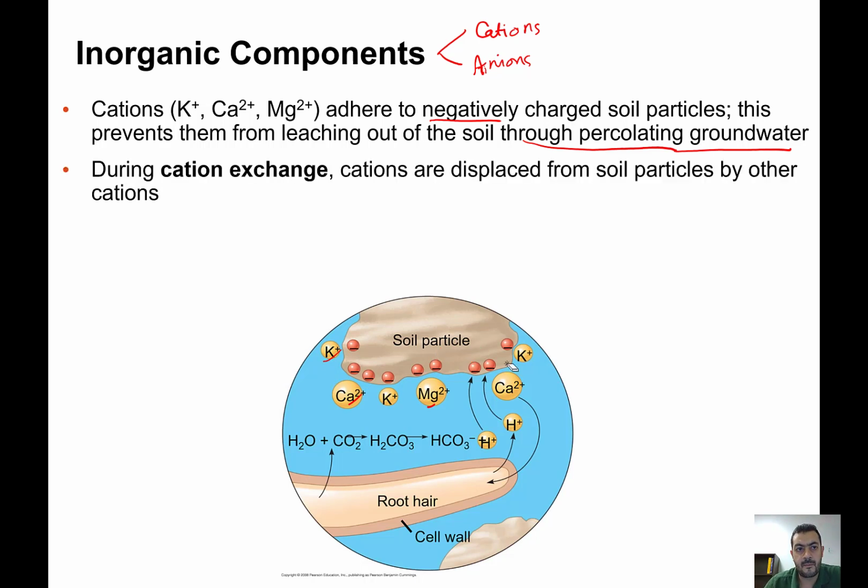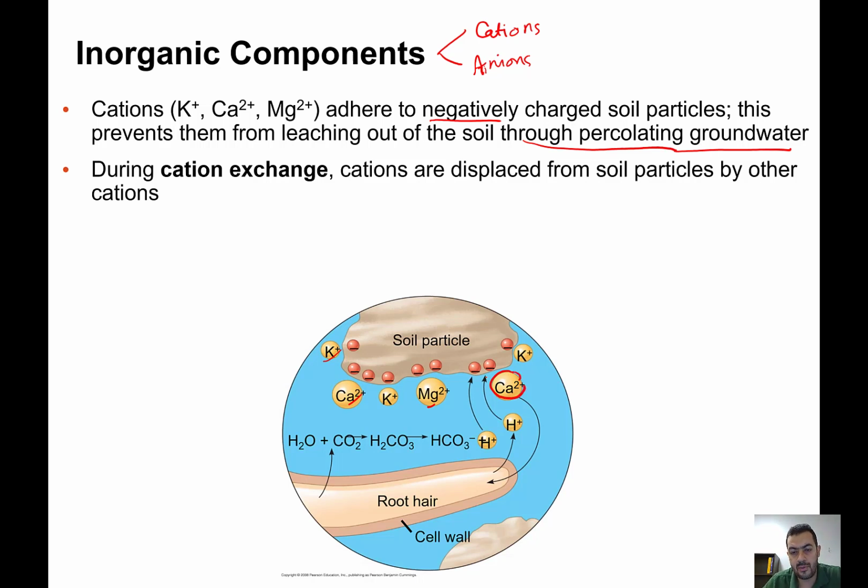Okay, so how are the cations released from the soil particle to enter into the root hair? Remember, the plant needs some of these inorganic components, and specifically we are talking here about the cations. Let's imagine that the root of the plant needs to absorb this calcium cation.